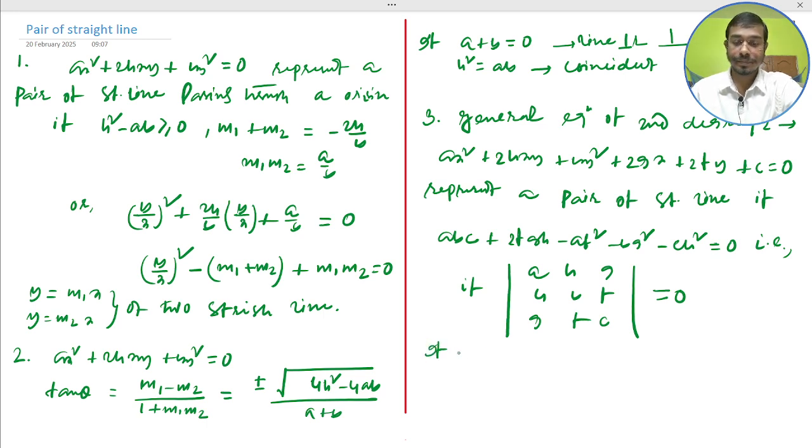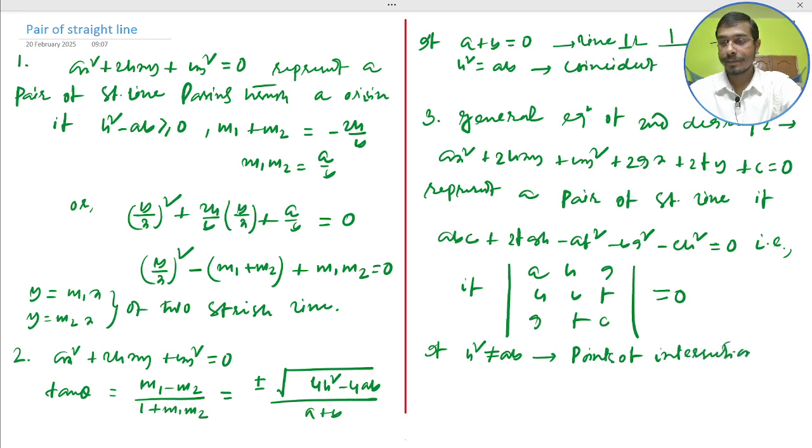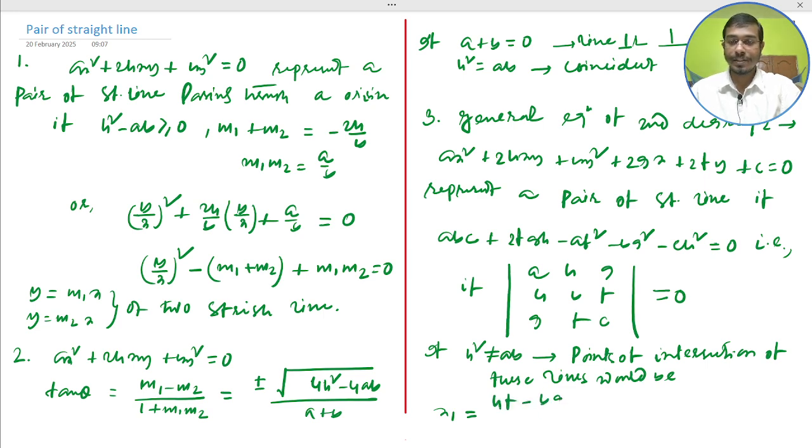And if h square is not equal to ab, the point of intersection of these lines would be x equal to (hf minus bg) divided by (ab minus h square), and y equal to (gh minus af) divided by (ab minus h square). Okay.